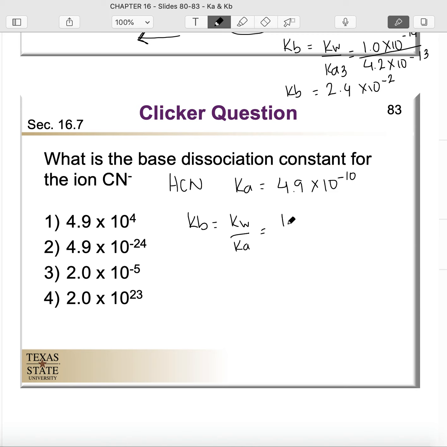That's equal to 1.0 times 10 to the minus 14 divided by 4.9 times 10 to the negative 10. That gives us a Kb equal to 2.0 times 10 to the minus 5. So your answer was number 3.